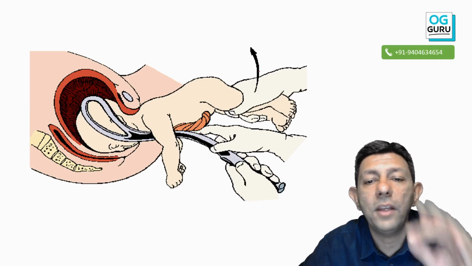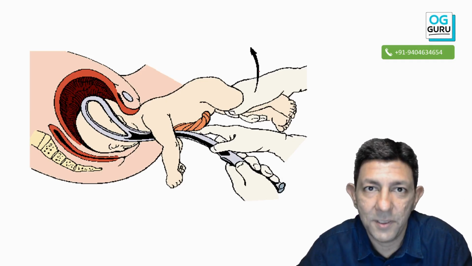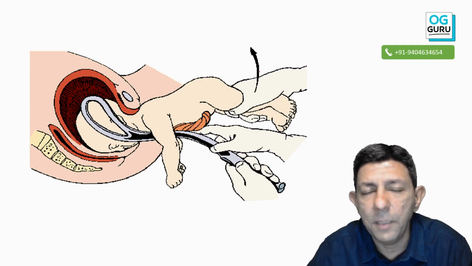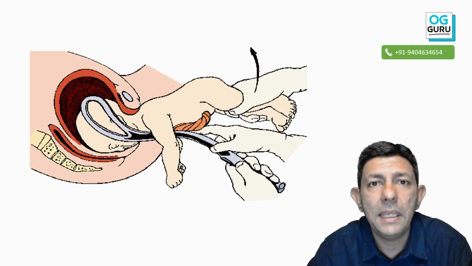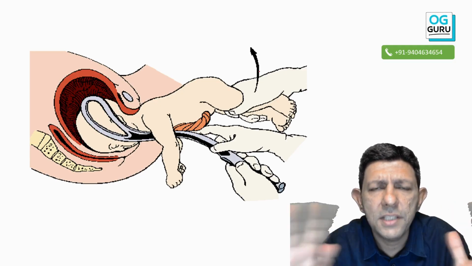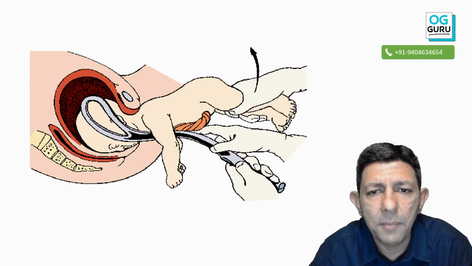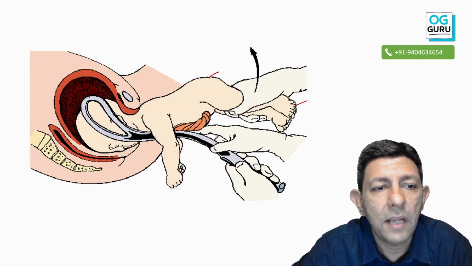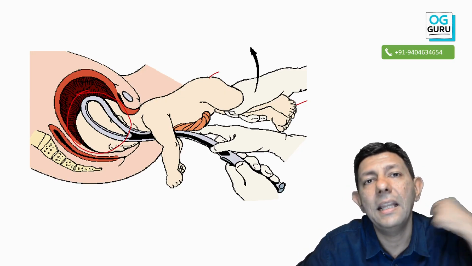Okay, moving on. What is this? Again, when the image comes, this was asked in the recent NEET PG, surely likely to be repeated. What is this? Okay, first just decipher. In this image, the baby's legs are out, buttocks are out, and what is inside? Head is inside.